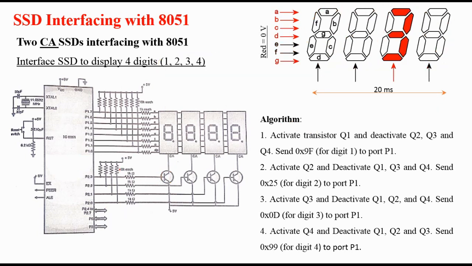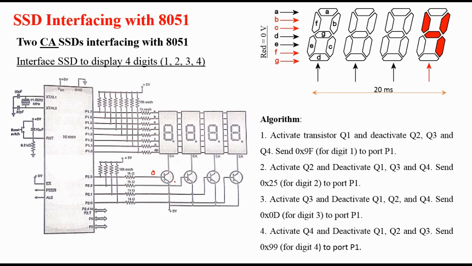Now we have not written any program as such. By taking the reference of the previous program, you can do the programming of this 7 segment display interfacing with 8051 with 4 digits. One care you have to take is to make this port pin 0 in order to make this transistor on.